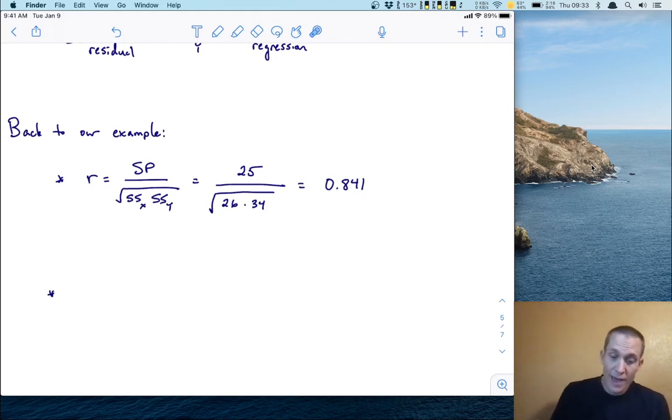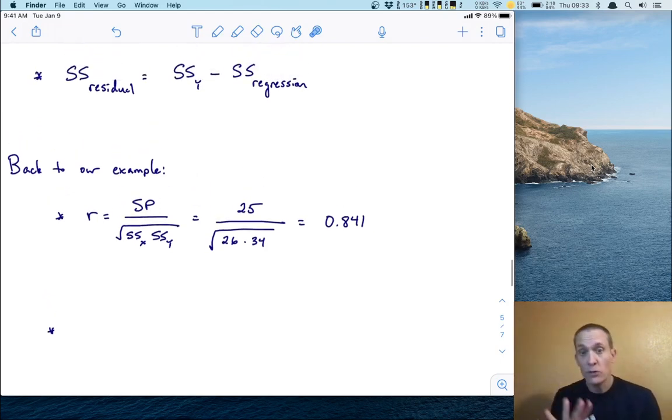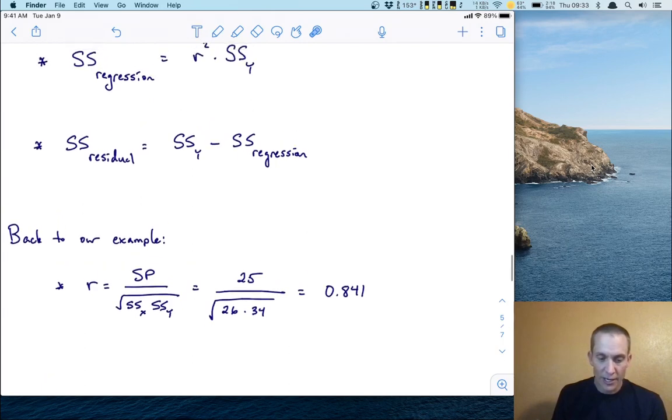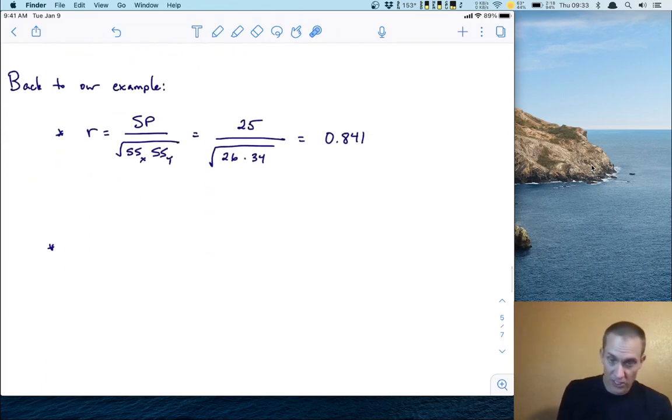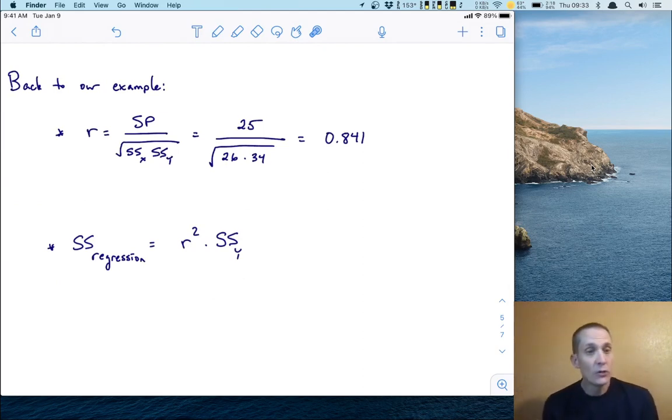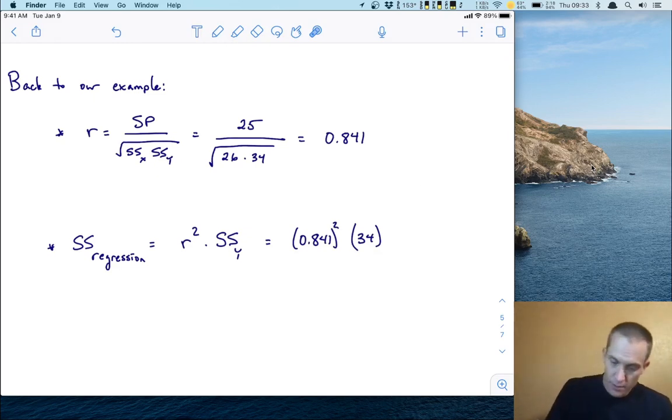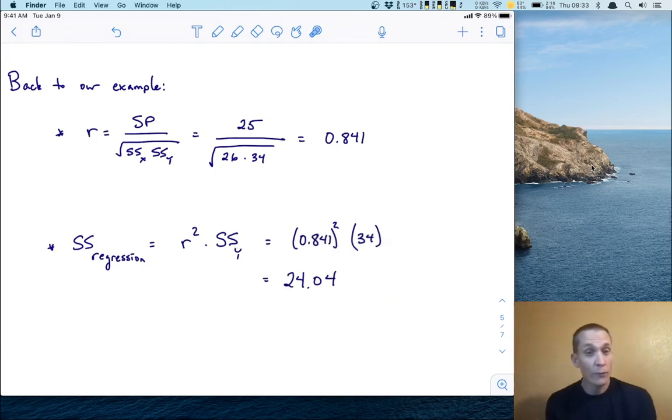So now what do we do with that? Well, we use that, particularly we use the square of that correlation to find SS regression. And we take that square and multiply it by the sum of squares for y. So the sum of squares due to the regression is r squared times SSY, which is going to be 0.841 squared times 34, which turns out to be 24.04.